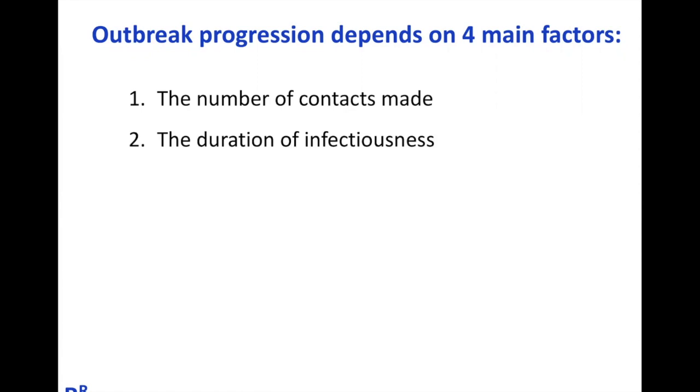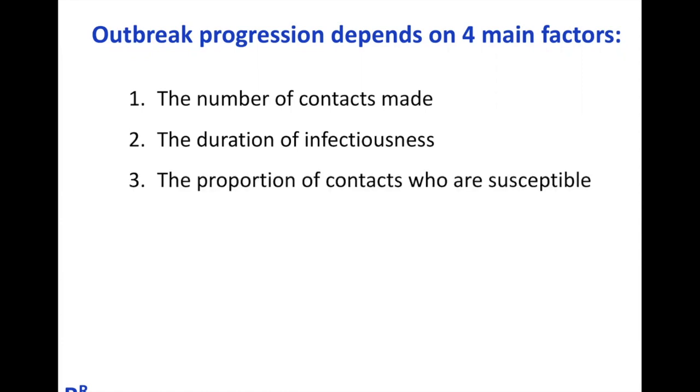Secondly, we need to know something about the pathogen. For example, the duration of infectiousness. How long are people infectious? Things like this can also change within a pandemic. Like we have learned, the wild type is different from the Omicron type. So we will see. Third factor, a big factor, is the proportion of contacts who are susceptible.